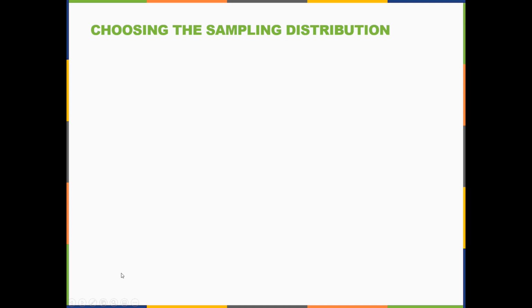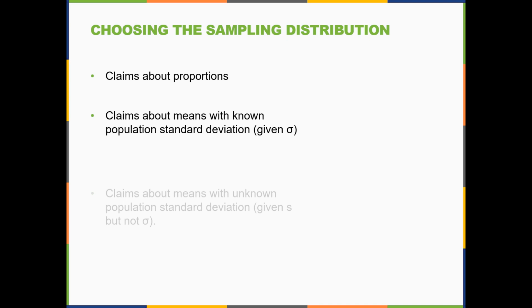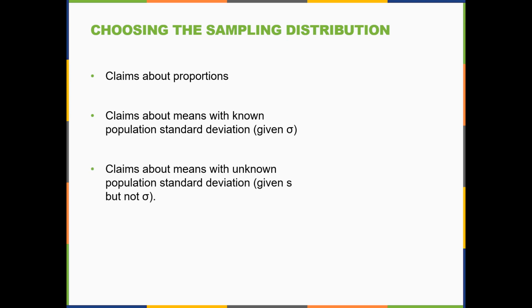As a summary of what we've learned in this section, we've learned how to choose the correct sampling distribution for a hypothesis test: claims about proportions, claims about a mean with known population standard deviation, in other words, when we're given sigma, and claims about means with unknown population standard deviation, when we're given s, but not sigma.